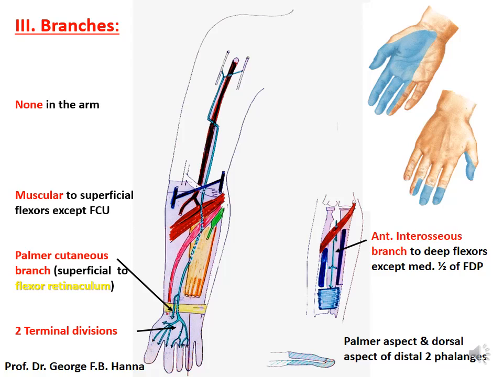They supply the lateral 3.5 fingers in blue here, lateral 3.5 fingers, both on the palmar aspect as well as here down on the back of the distal 2 phalanges or the distal 1 phalanx of the thumb.